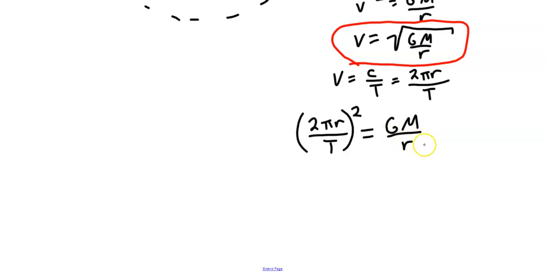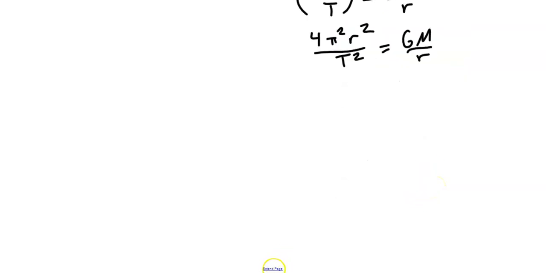So 2 squared is 4 pi squared r squared over T squared equals GM over r. Cool.